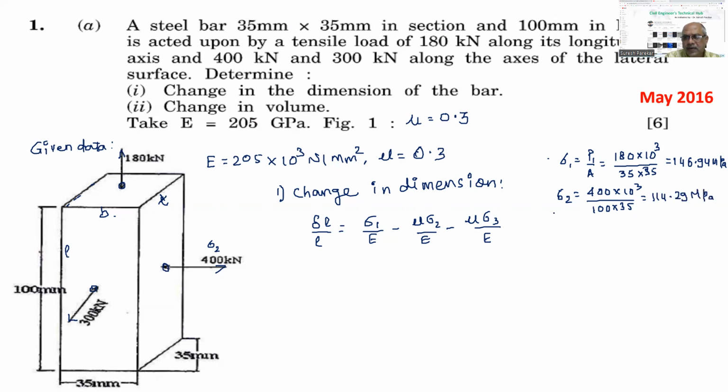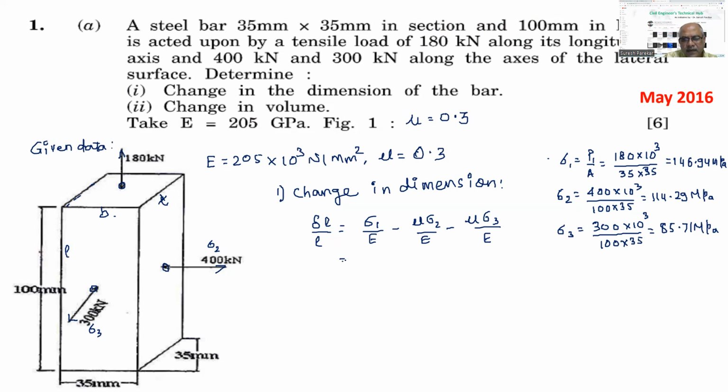And the third, sigma 3, acts on the remaining area: 300 × 10^3 upon 100 into 35, and we will have the value 85.71 MPa.